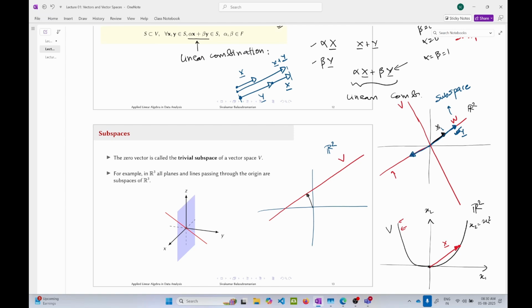So this condition of checking for 0 is a consequence of not being closed under linear combination. It's not a separate rule by itself. It's just a rule that is quick to check. That's why I say keep that in mind. If you verify scaling, it's not satisfied. That means it's not a vector space. The quicker way to do that is: 0 is not there, so it's not.